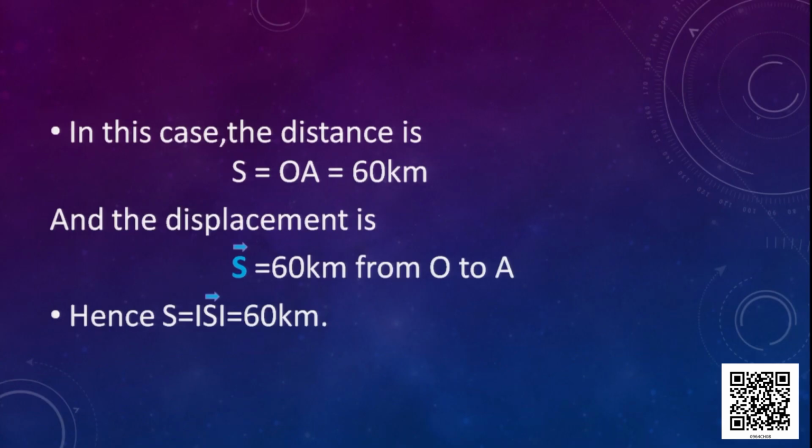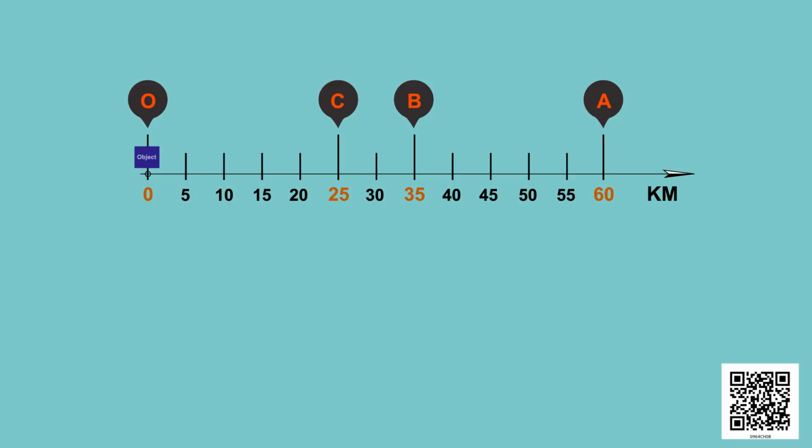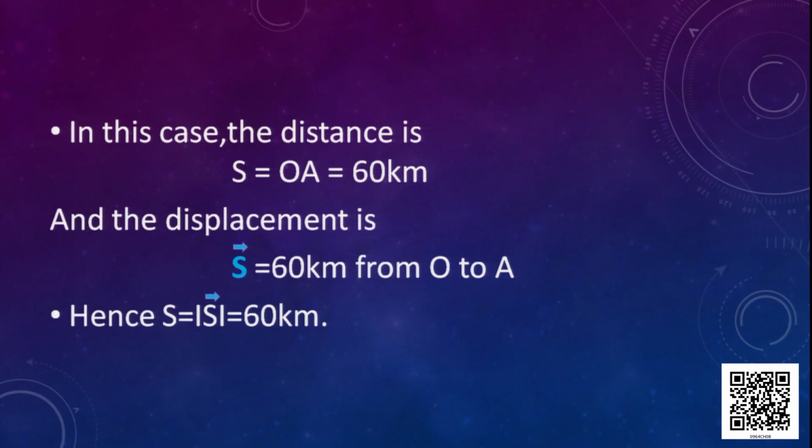In this case, the distance, denoted by the symbol s, is equal to OA. It is there in the figure. OA distance is equal to 60 kilometers. That's why s equals OA equals 60 kilometers. And the displacement is again s, but with an arrow mark on top of the letter s, equal to 60 kilometers, but distance with direction is called the displacement.